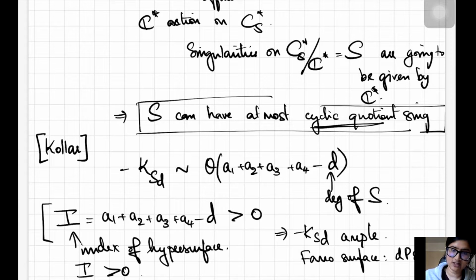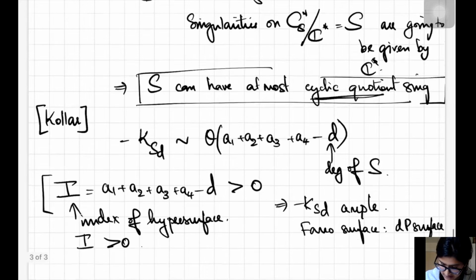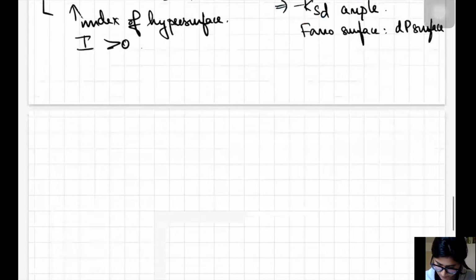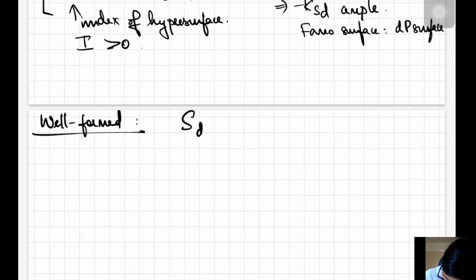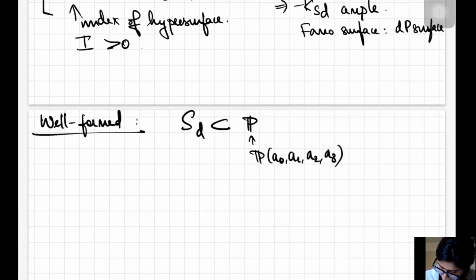This is the sort of singularities we are going to have on our hypersurface. So this is it being quasi-smooth. What does it mean for it to be well formed? When I write S_D in P, I always mean P with these weights. S_D is well formed if it satisfies two conditions.